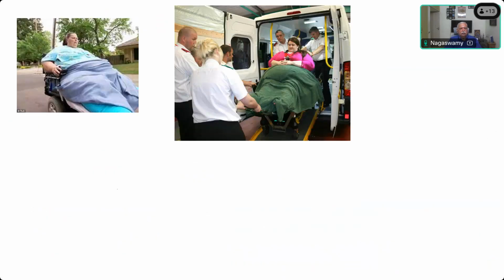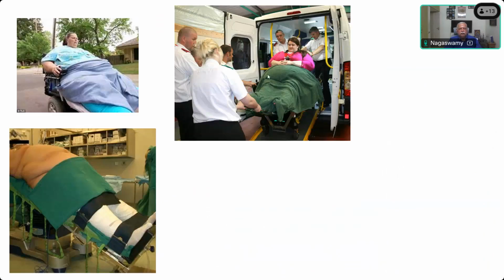So these are some of the really morbidly obese patients, how they are transported, how they look. Imagine if this patient requires liposuction and abdominoplasty. You know what all the challenges are that we may face. And this is the steep head-up position.